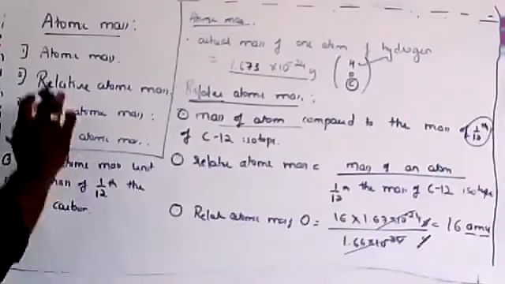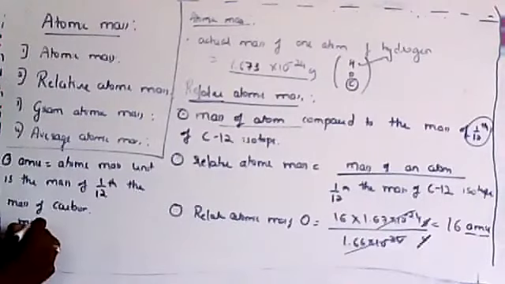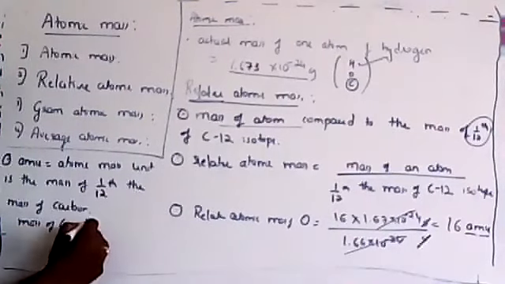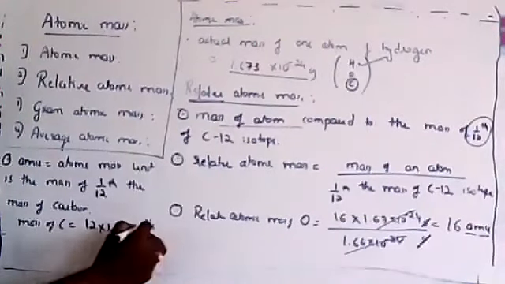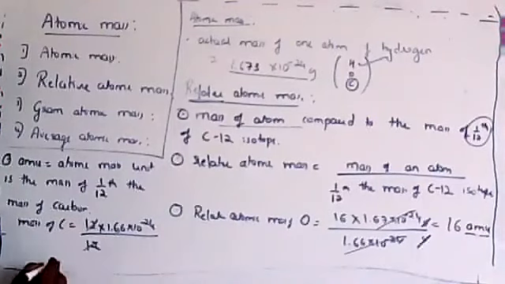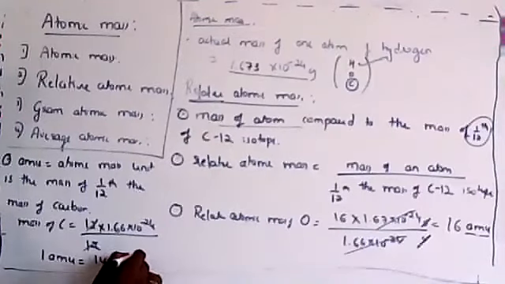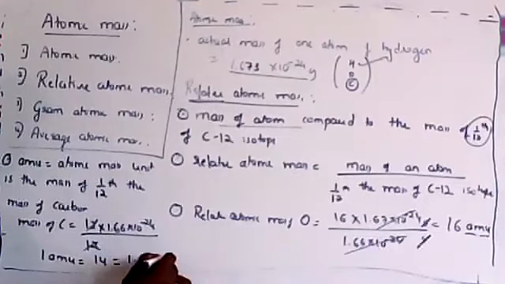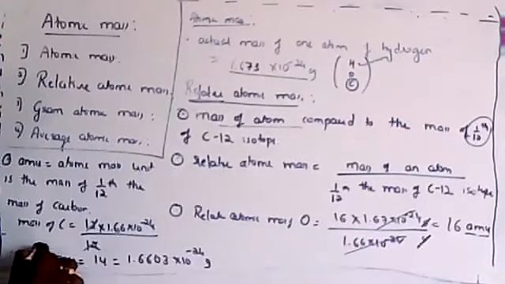It is 1/12 the mass of carbon. You know the mass of carbon is usually 12 × 1.66 × 10^-24. Divide this by 12, it will cancel out. So 1 atomic mass unit, that is 1 U, is nothing but 1.6603 × 10^-24 grams. This is a very important value.